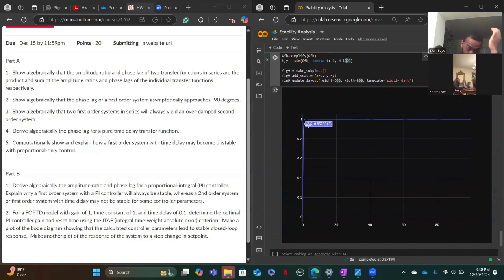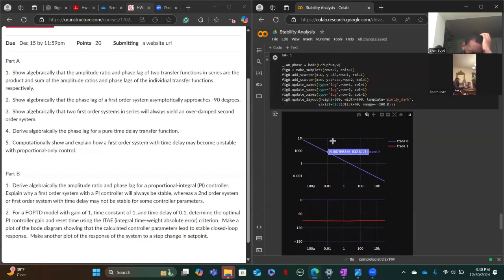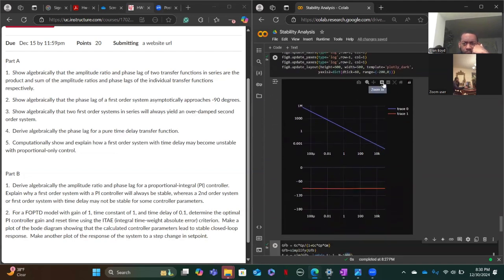I'm just kind of confused. We don't have to worry about AR because it's not even close to one. We don't have to worry about the phase because it's not even close to negative 180. It still should be under 1. It's kind of confusing. I don't know why it's not under 1.